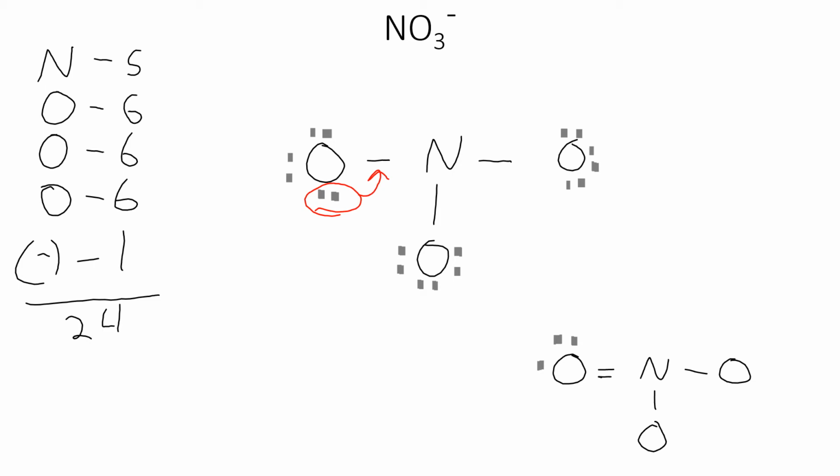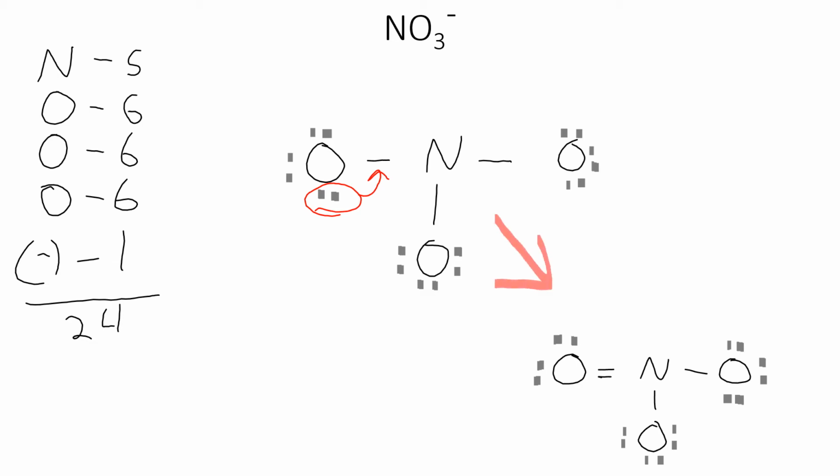Remember, the only change that you make is that lone pair becoming a multiple bond. Everything else in the molecule stays exactly the same. So then we would get the structure on the bottom right.